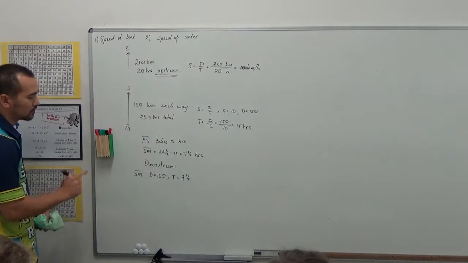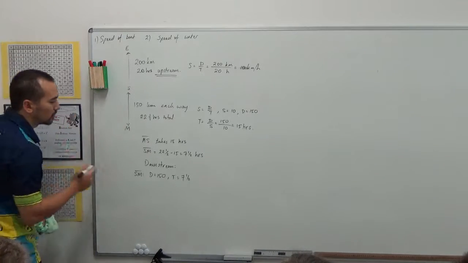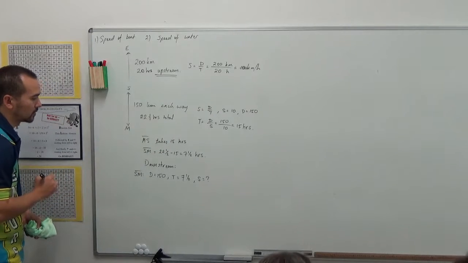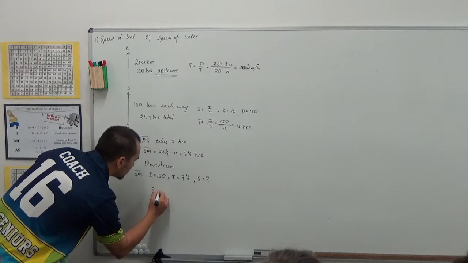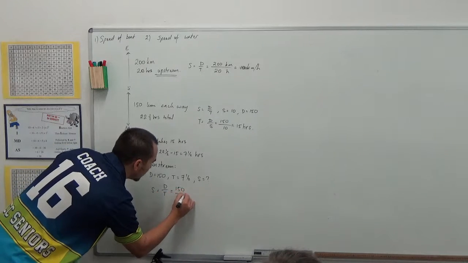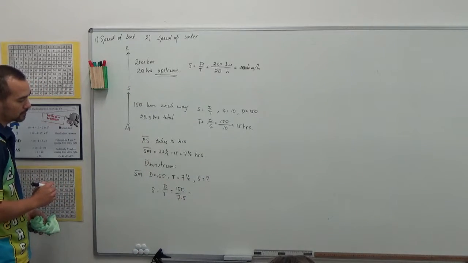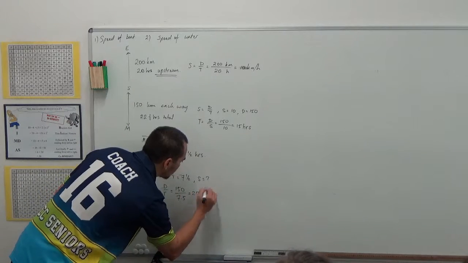And do we have the speed yet from S to N? No, we don't, but we can work it out now. So we're working out the speed of the downstream. So S is equal to D divided by T, 150 divided by 7.5, which makes 20 kilometers per hour.